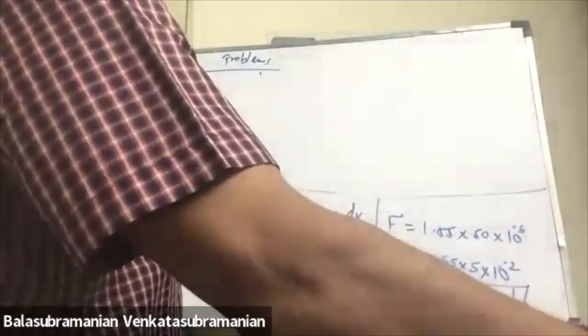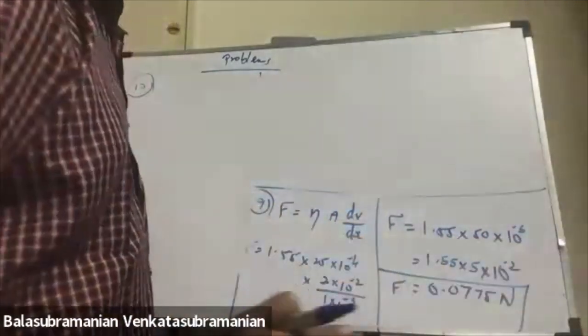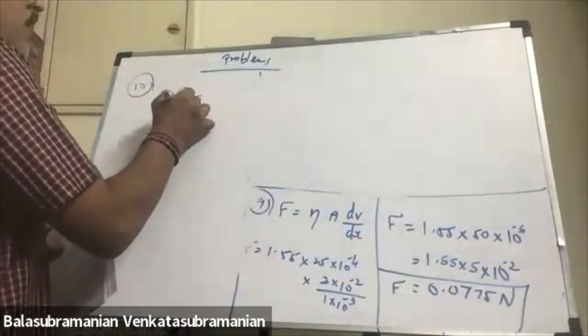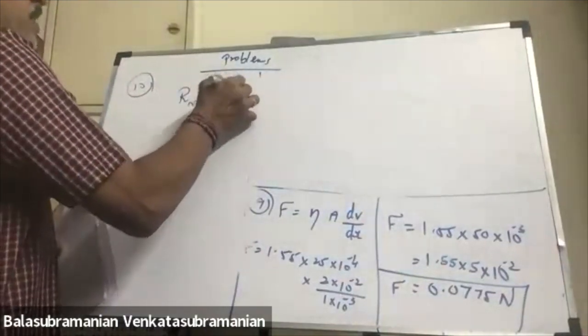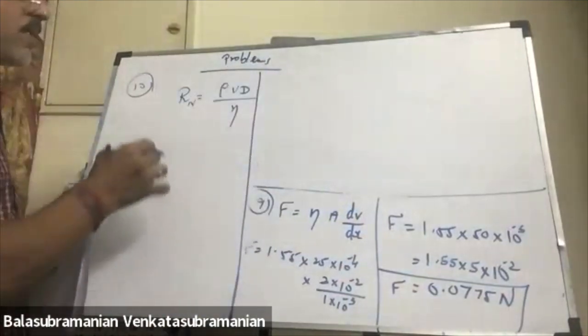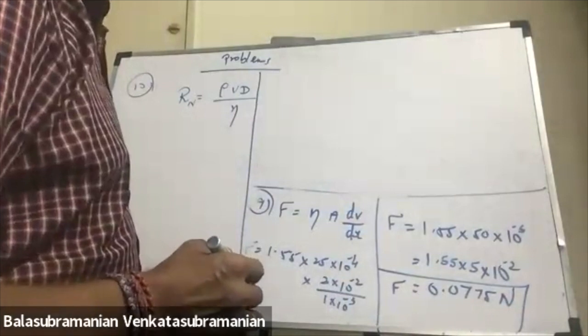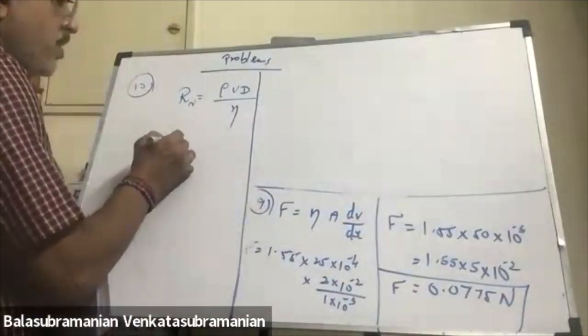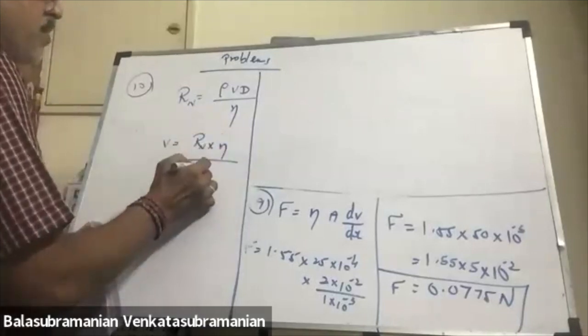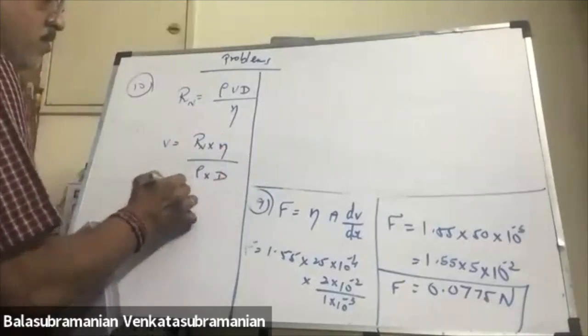Do you remember? Rn is equal to rho V d by eta. You have to calculate the velocity. So I can write V is equal to Rn into eta by rho into d.